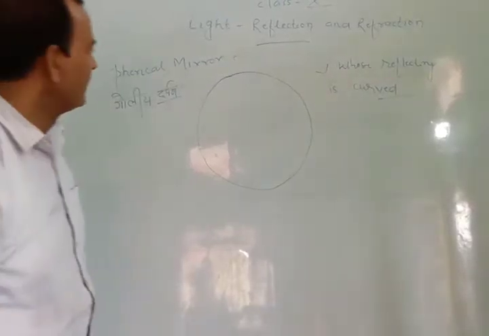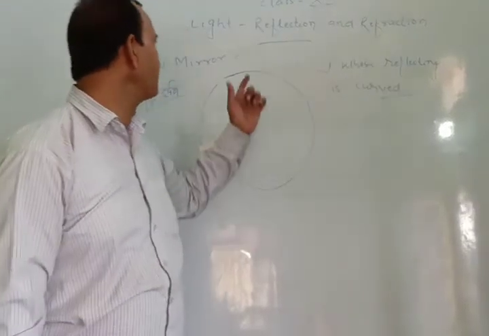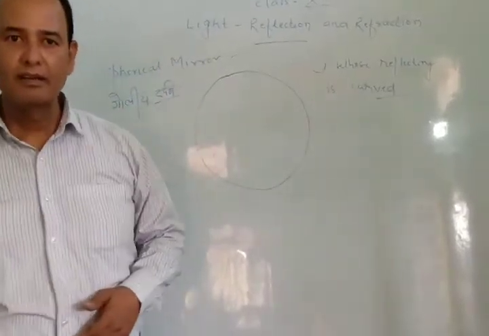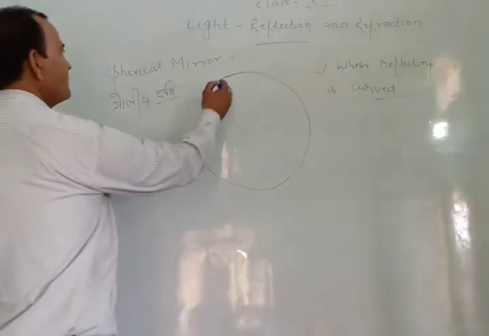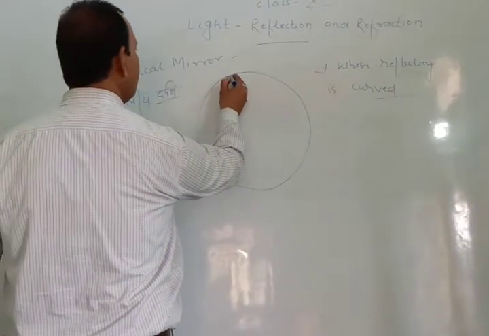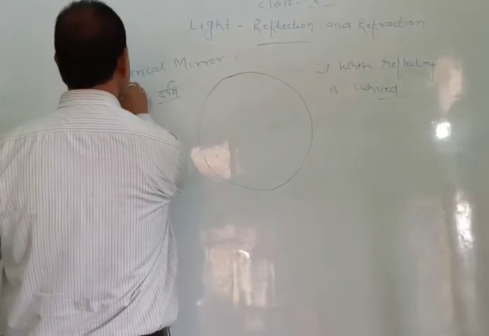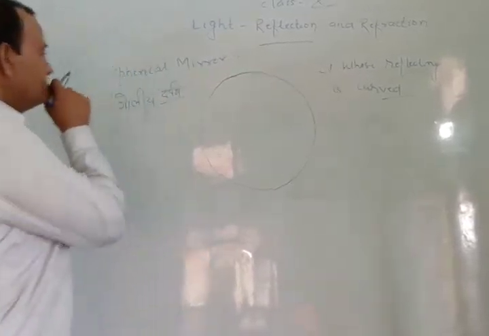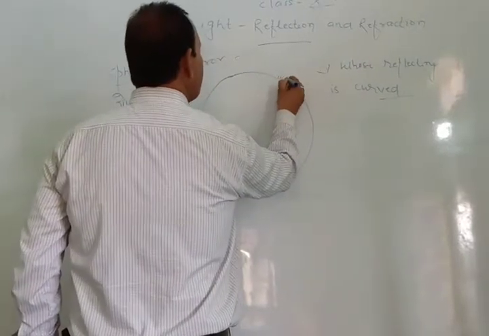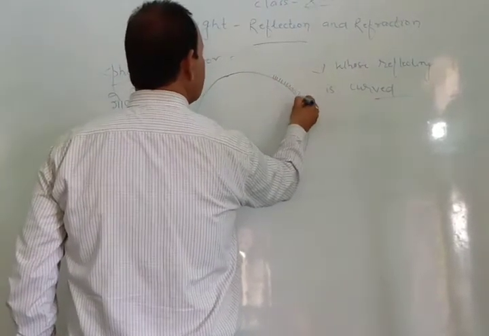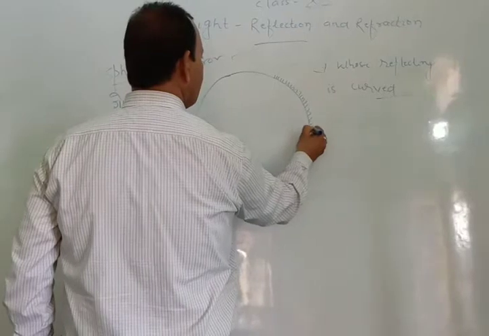Further, it will be clear how many types of spherical mirror there are. Please consider this a spherical mirror. It is round in shape. We can cut the mirror here.